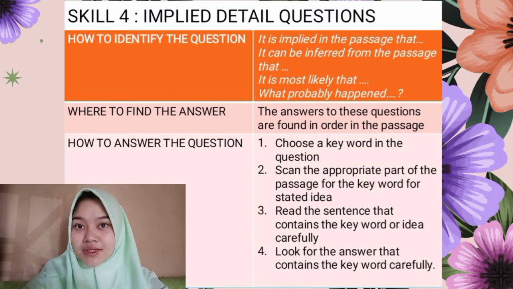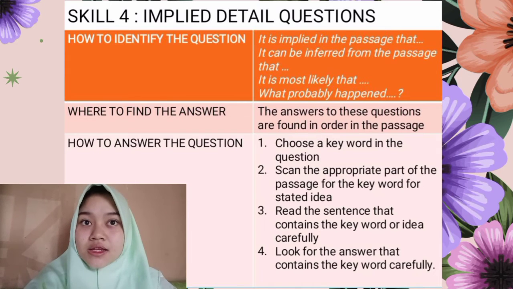Third, read the sentence that contains the keyword or ideas carefully. And last, look for the answer that contains the keyword carefully. Okay, don't worry if you can't answer the question yet, to be clearer, let me give you an example about that.